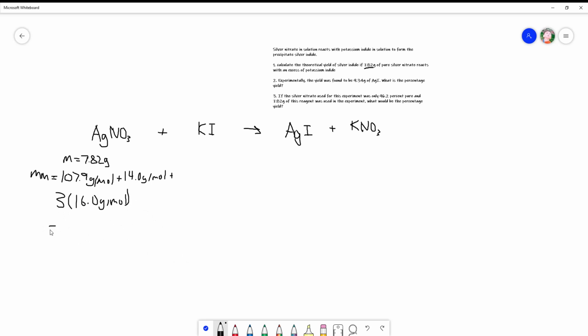And this gives us a total of 169.9 grams per mole.